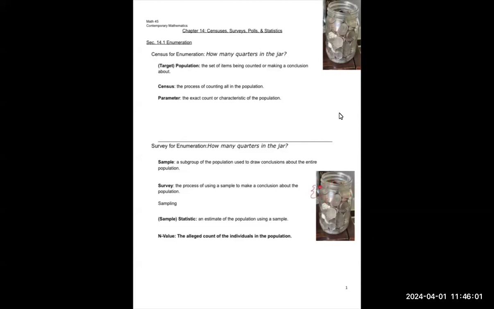If I took those out and counted just that top inch, and let's say that's 20 quarters, then I could measure how many similar inches are in that jar. If it looks like there are 3 inches in that jar, then I'll do 3 times 20, and that would give me an estimate of how many quarters are in there.